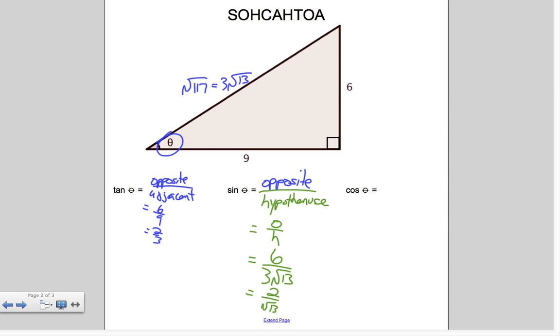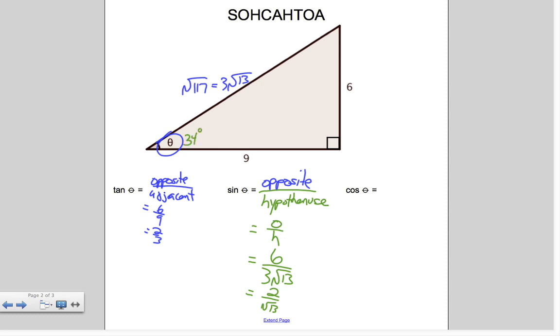We put that in the calculator, 0.6666666667. But what's the inverse tan of that? Inverse tan of 0.66666666 is 33 or 34, roughly 34.